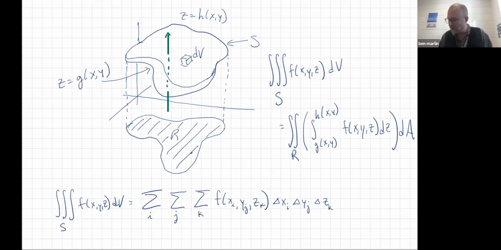Now, definition-wise, what we're thinking about is that the volume element has dimensions Δx_i, Δy_j, Δz_k. So the dimensions can all be completely different, okay? And then inside of each one of those volume elements, we are evaluating some function, like density, for instance. And then we're saying, go in there and get all of the possible volume elements that are in our region and add them up.